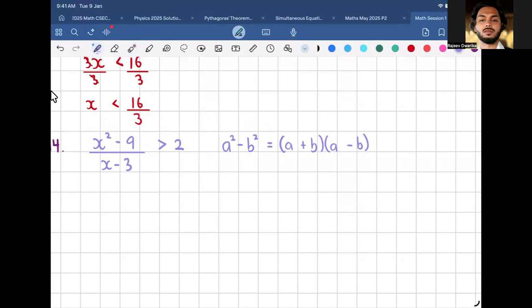What would you have to do with the minus 9 to get it in this form? Square the 9.